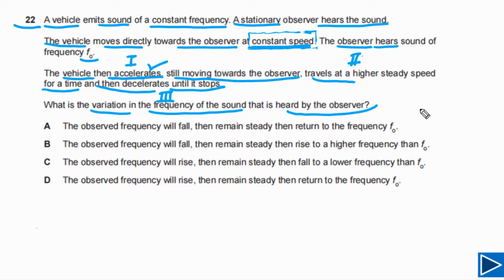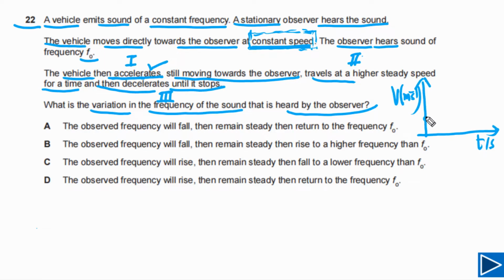Now let's try to sketch the speed-time graph for the motion of the vehicle. We will put speed on the y-axis and time on the x-axis. The vehicle is moving at constant speed and then it accelerates.